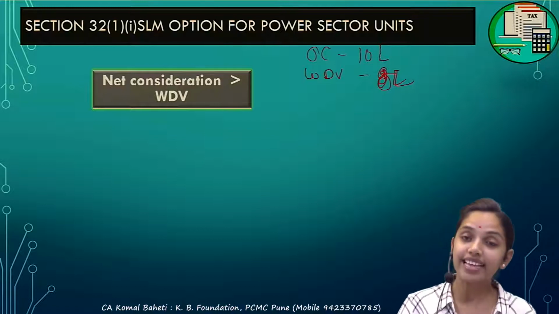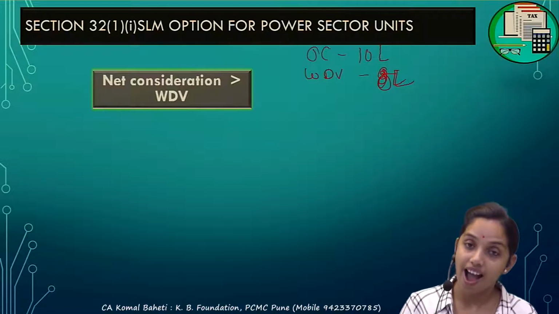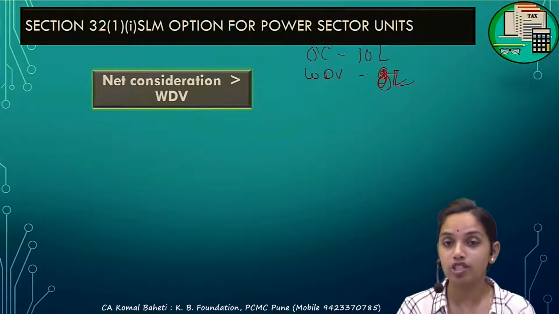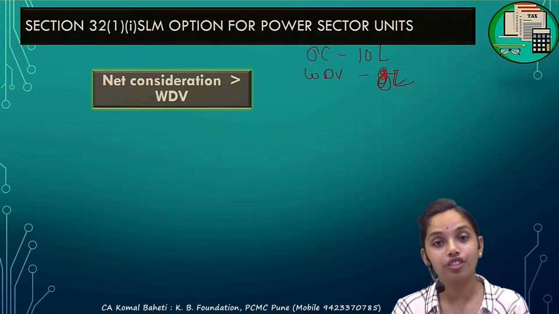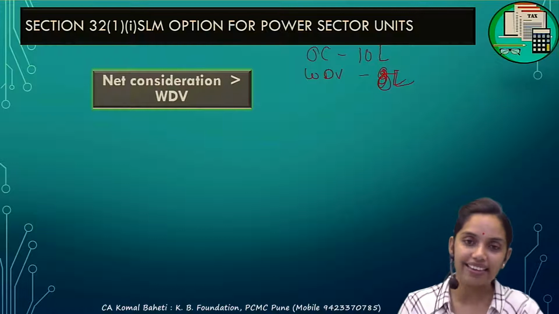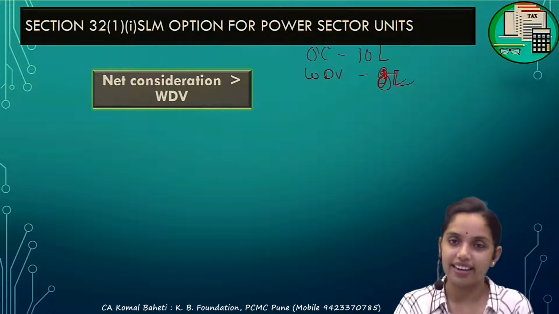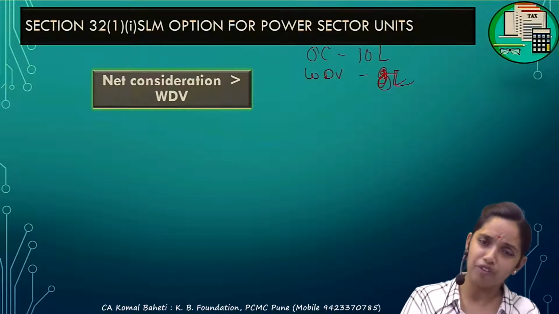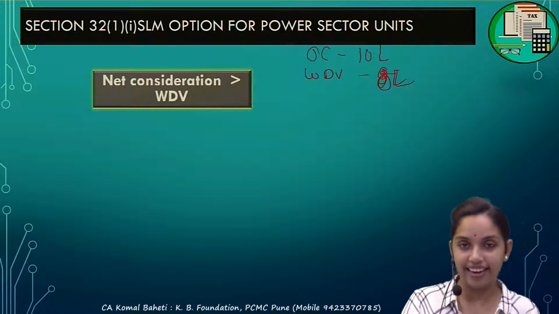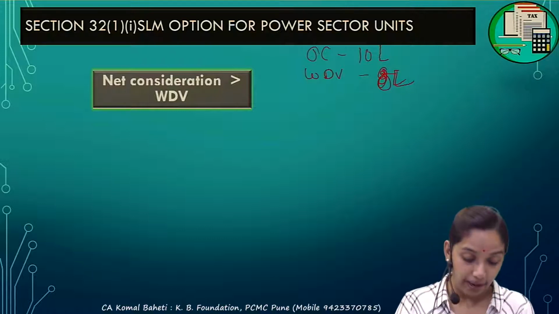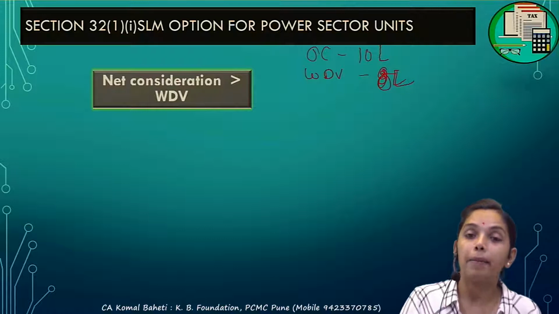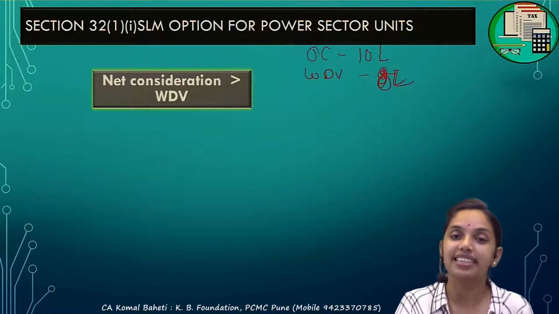So if the sale consideration is higher than the WDV, how much is your WDV? 8 lakh. So it could be greater than 8 lakh or it could be less than 8 lakh. But I am taking the first scenario, if it is more than 8 lakh. Correct? It is more than 8 lakh but less than the actual cost. Means it is less than the 10 lakh.